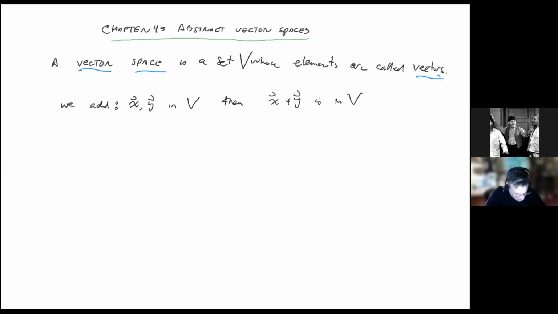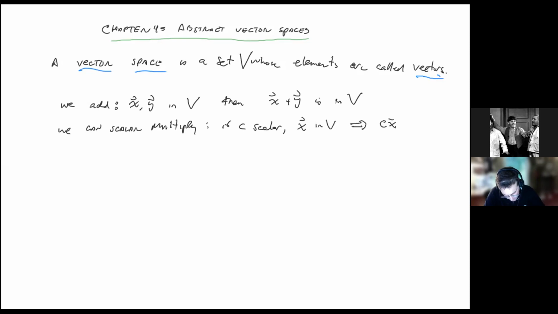Okay, and then we can also scalar multiply. So meaning if C is a scalar and X is in V, then C times X is also in V.